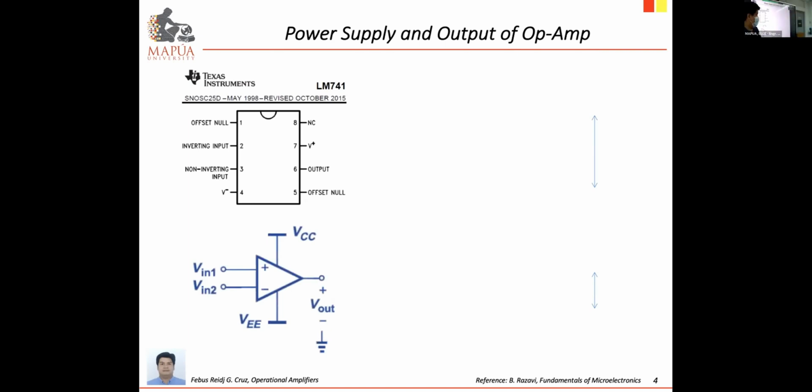Now, this is one way of presenting a dual supply circuit. You have the two inputs, the single output, then you have the two power supplies. The LM741 is a bipolar circuit, which means internally it is using NPN and PNP transistors. So our notation would be plus VCC and negative VEE.